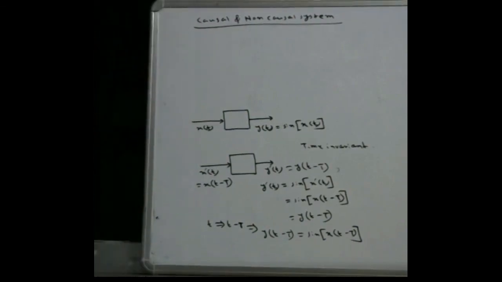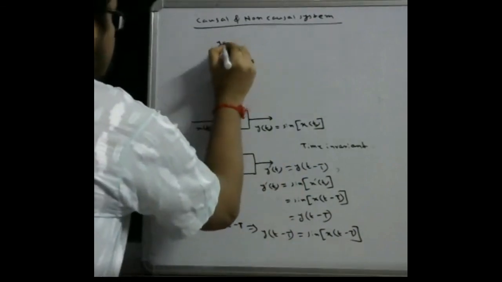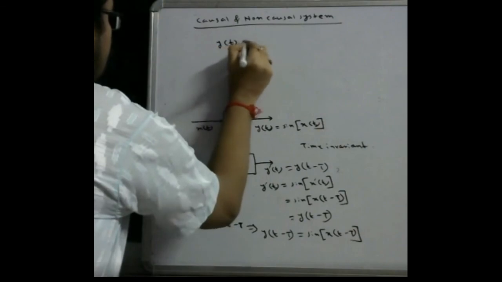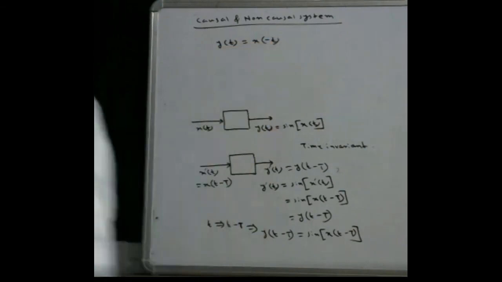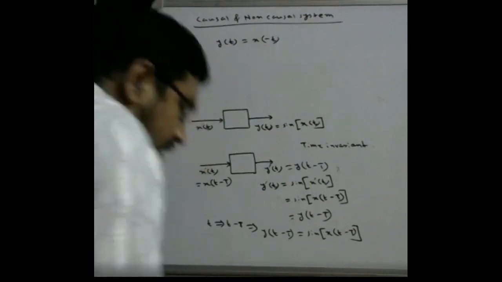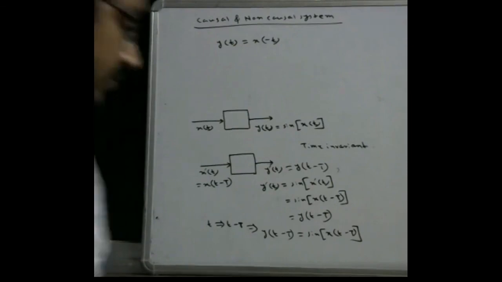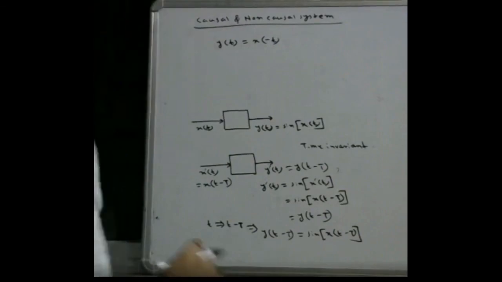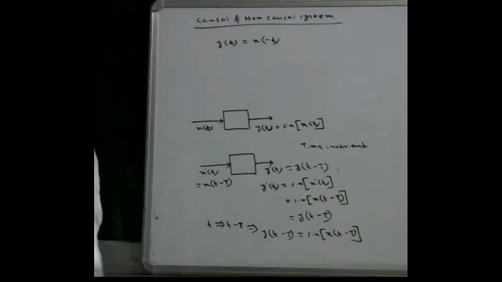Let's take an example. Suppose we have a system y(t) is equal to x(−t). Now check whether the system is causal or non-causal. How to check? In this case, we have to put some values.